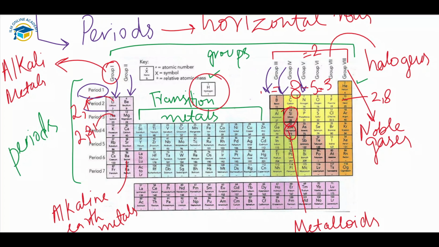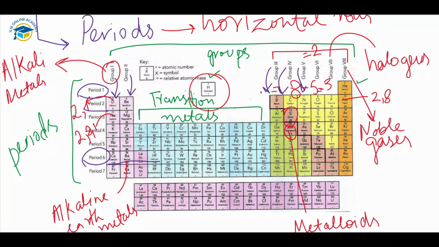For the main group elements, the group number is the number of electrons in the outer shell, and the periods of the periodic table also have numbers. This number shows us how many shells of electrons the atom has. Like if we talk about period 6, the elements there have 6 electron shells.